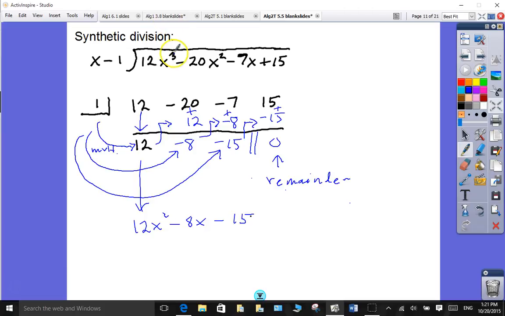Since that was a 3, that's a 2, 1 less. And the remainder is 0.